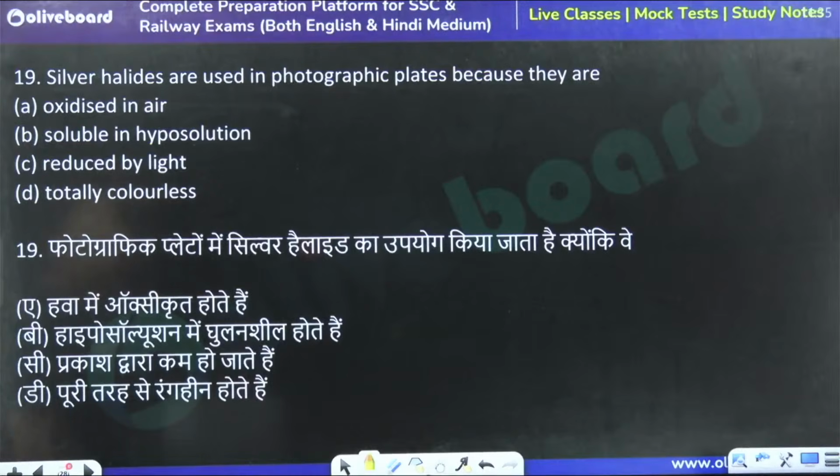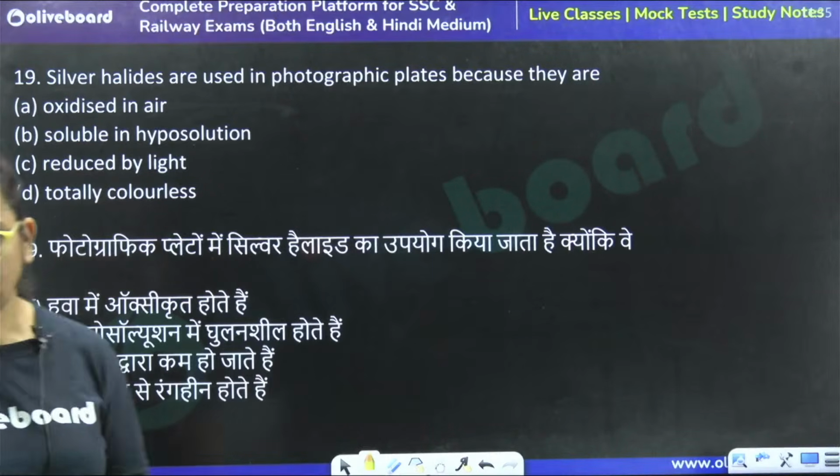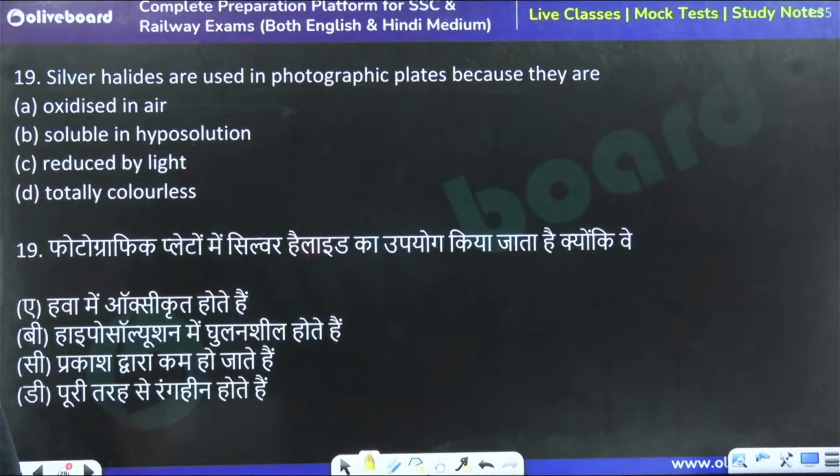Next question. Silver halides are used in photographic plates because they are reduced by light.